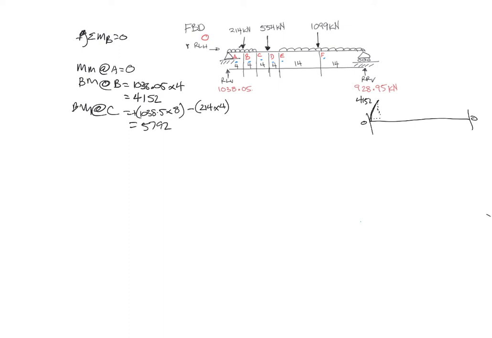Now again, remembering this is still the uniform distributed load, I'm now coming in another 4 metres, going up to my scale, and that's the second part of that arc. So there's my whole uniform distributed load drawn in.